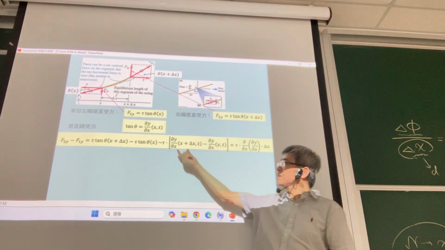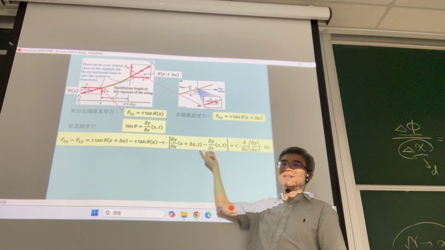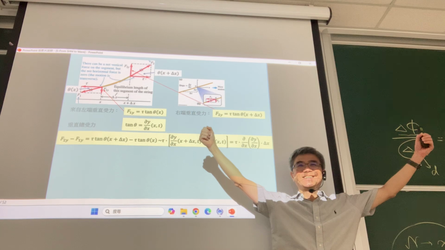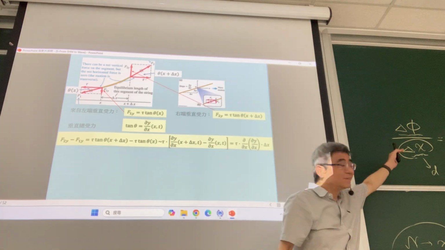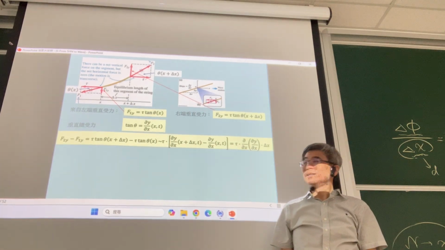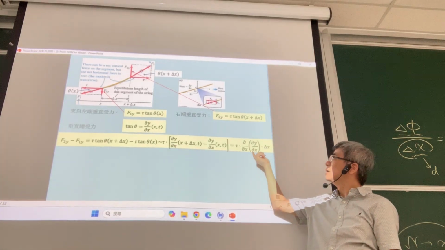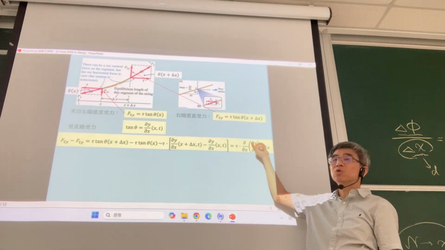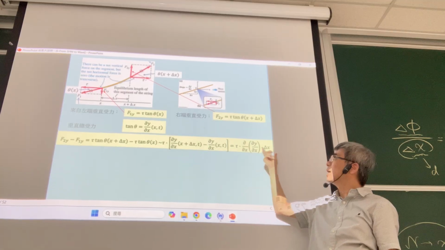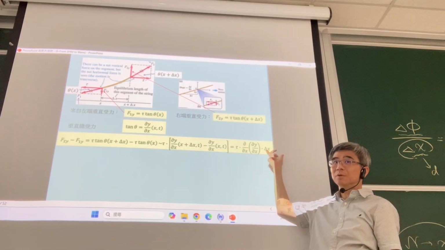So that's the difference of partial y partial x at the two sides, the so-called partial difference of a function. Therefore, it could be approximated by the change of partial y partial x times the change of the variable.